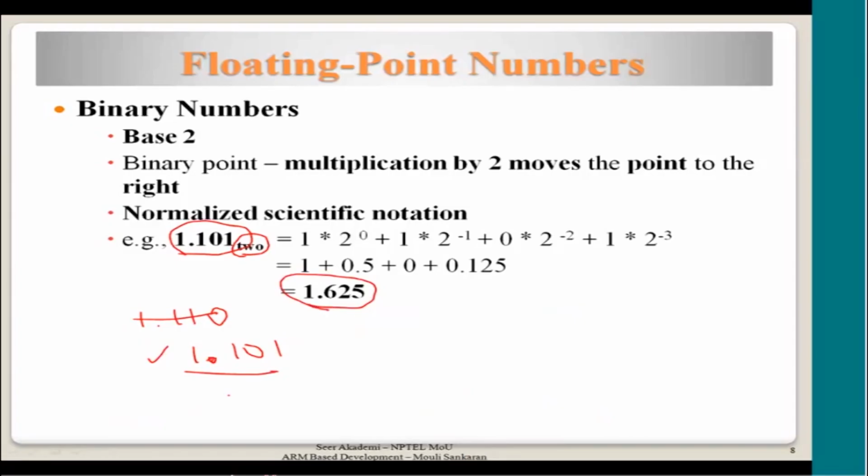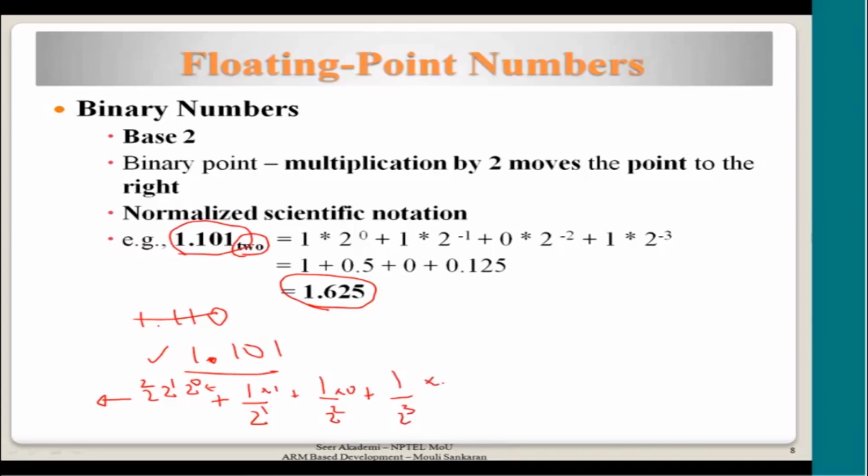Left of the binary point, the digits are given 2 power 0, 2 power 1, 2 power 2, and it goes on like this. After the binary point, if I find a 1, I will write 1 by 2 power 1, 1 by 2 power 2, 1 by 2 power 3. If I have a 0, I multiply it with 0. If I have a 1, I multiply it with 1.